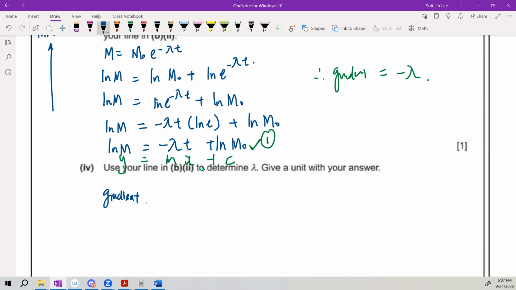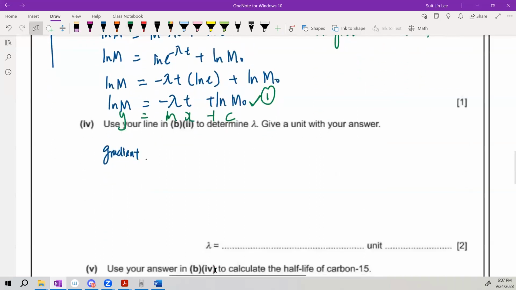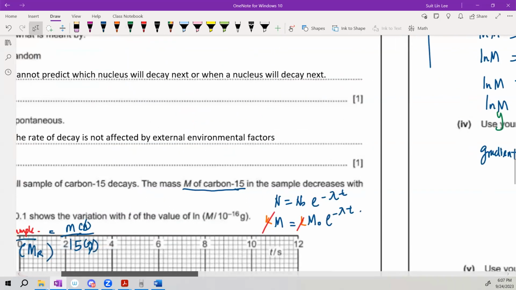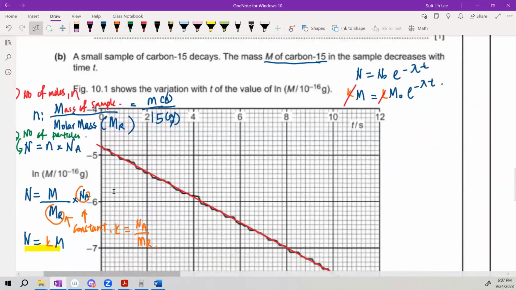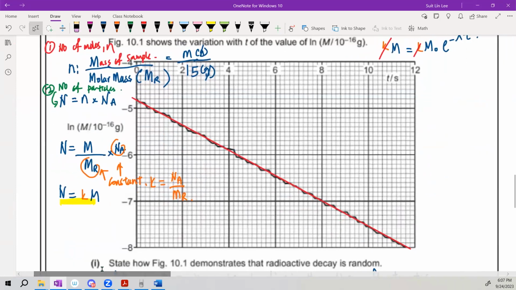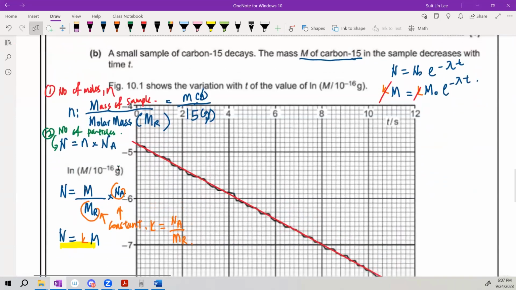You might be asking me, teacher, what about the issue of units? Well, you look at the equation. In this case, what's the unit for ln M? ln M has no unit. ln itself is unitless. You freeze the unit inside the bracket. For more information, you can look at the 3 video lecture series of me talking about ln and why we ln. But the short answer would be, the unit is inside this thing. You see a bracket? It's not the unit.